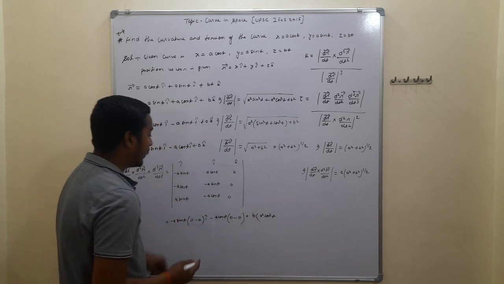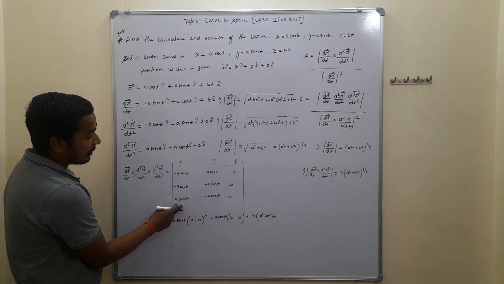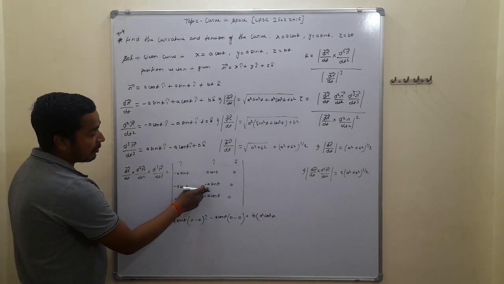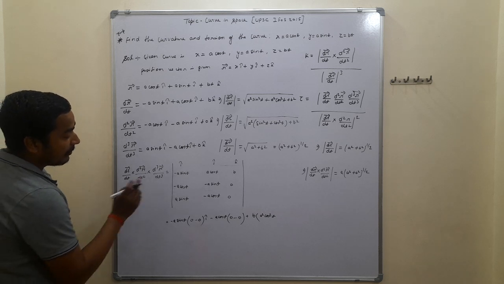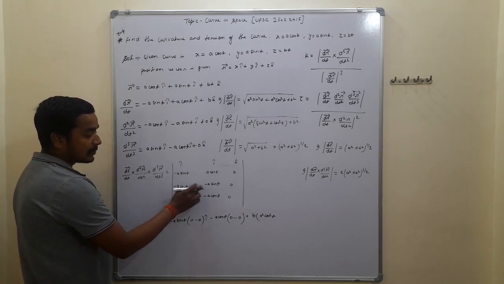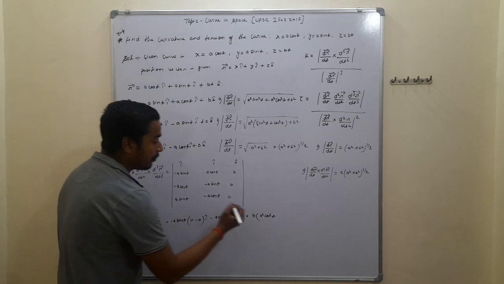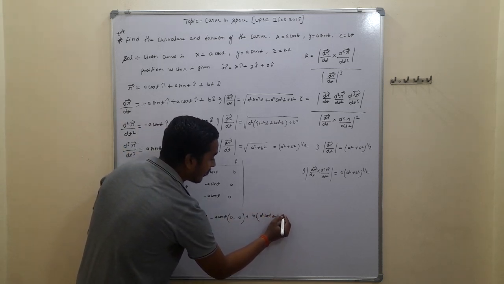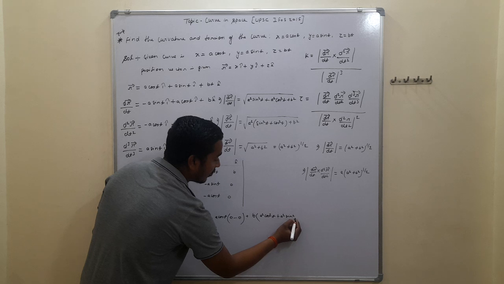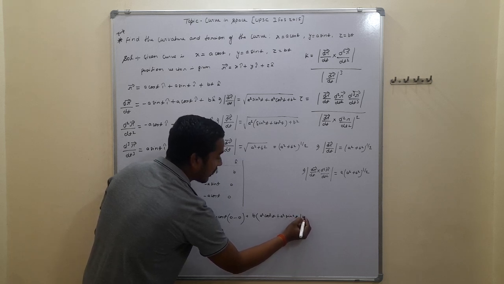And when we take the operation between a sin t multiplied with minus a sin t, when we cross multiply we take minus, and minus is already present, so we write plus a square sin square t, and this is k cap.